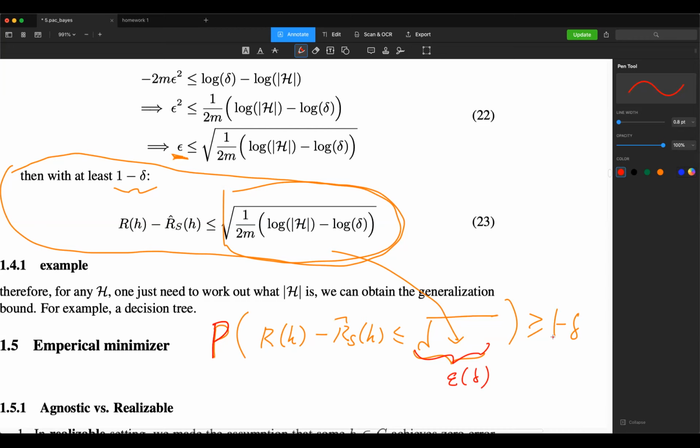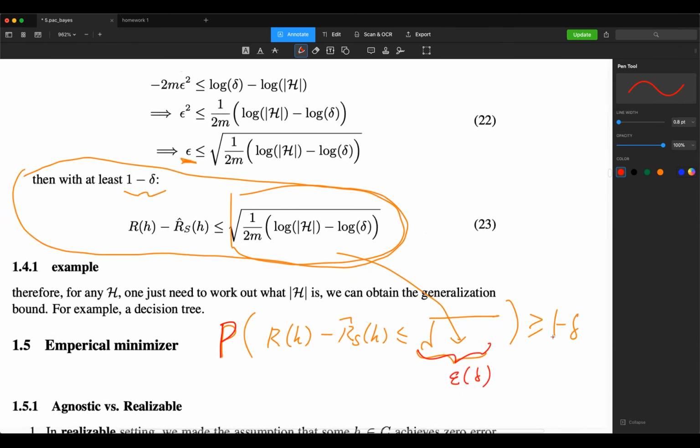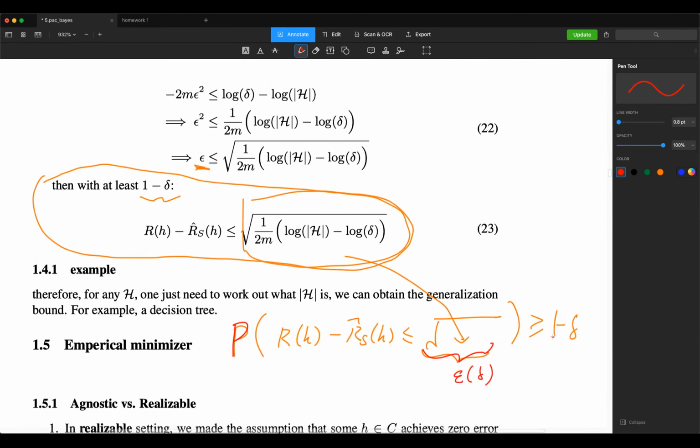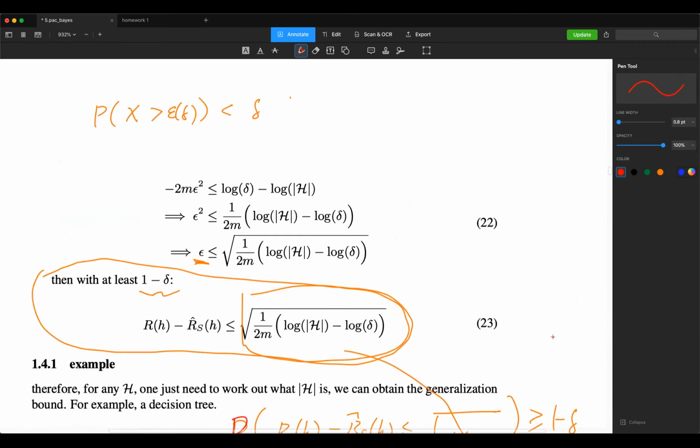Okay, I want to ask you a question. When we talk about learning theory, what's the advantage of deriving something like this? This form may be slightly difficult to see, but typically we bring this to the right.